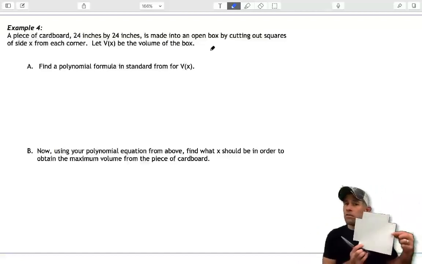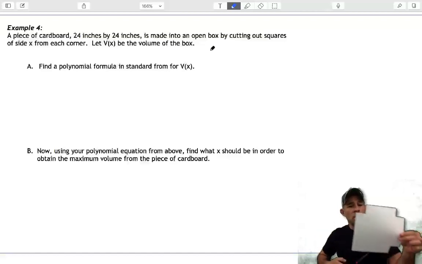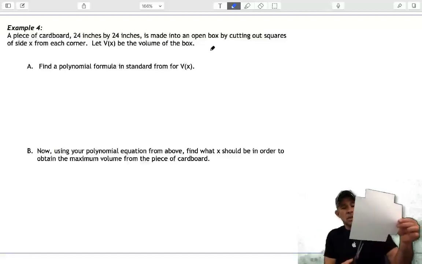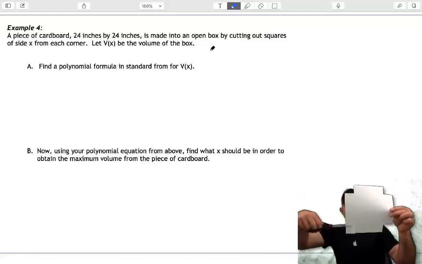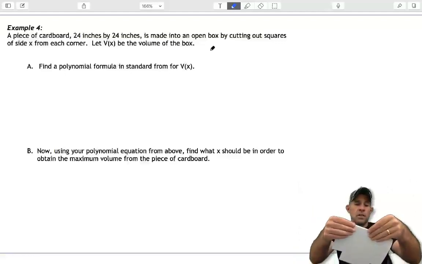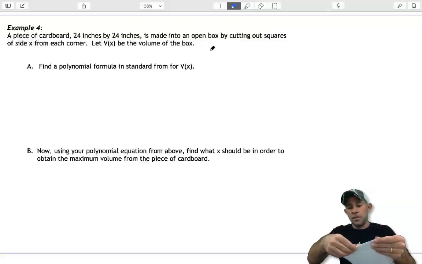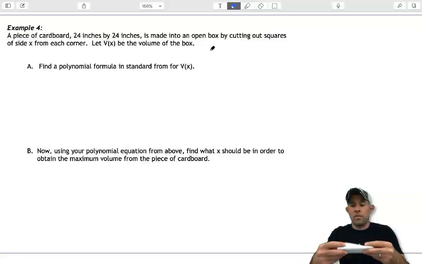Just in case you would like a little visualization, I've taken my square piece of paper and I've cut out x by x in each one of those corners. And now if I begin to fold those up just like a pizza box, then I will have a nice little open box with dimensions. All right, so there you go.